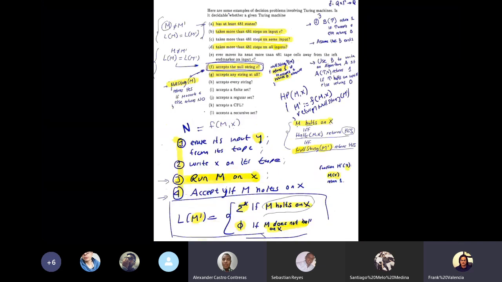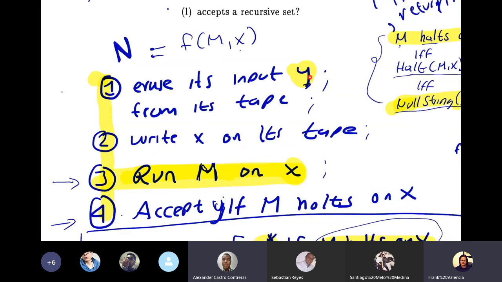So first step, you remove Y. Second step, you write X on its tape, N. Basically, in these two steps you replace Y with X. Do you understand this?